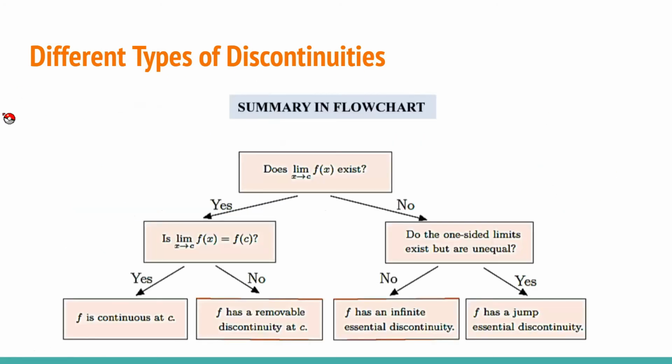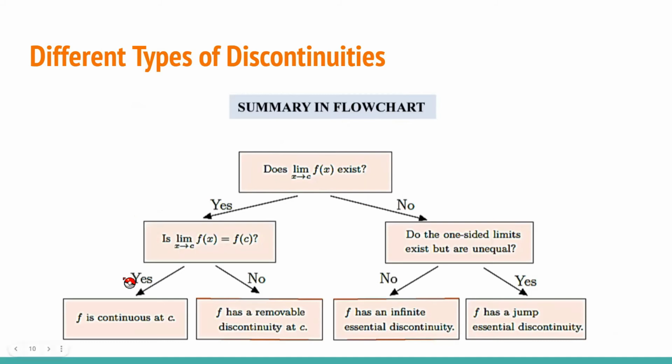So this is the summary to determine whether the function is continuous, removable, infinite essential, or jump essential. First we have to ask whether the limit of f of x as x approaches c exists.